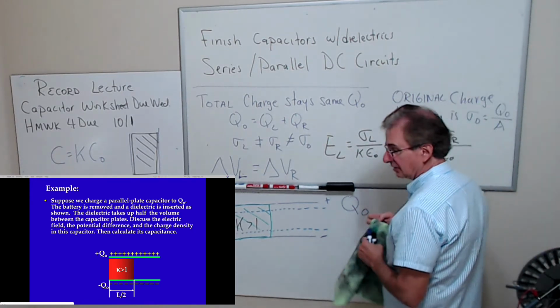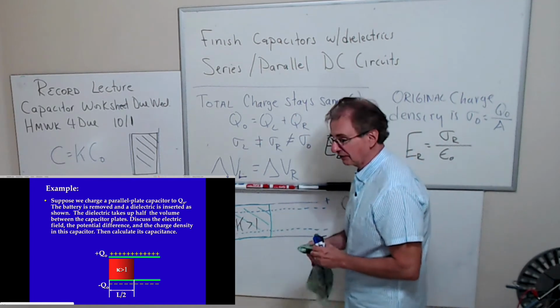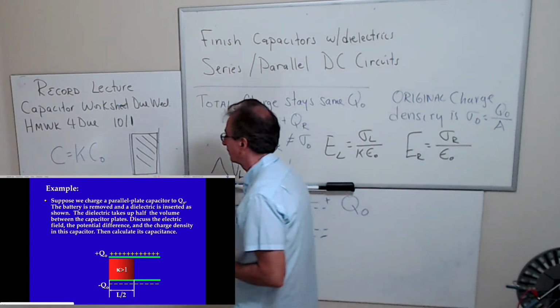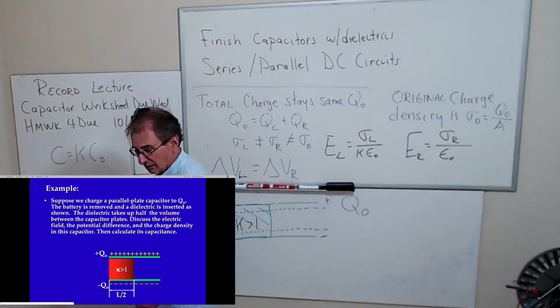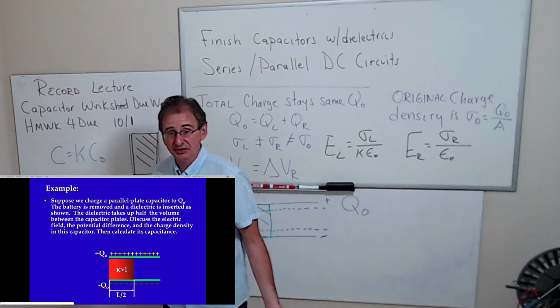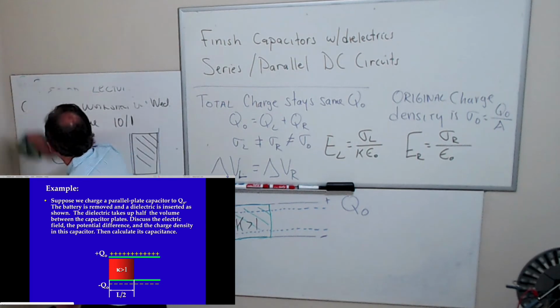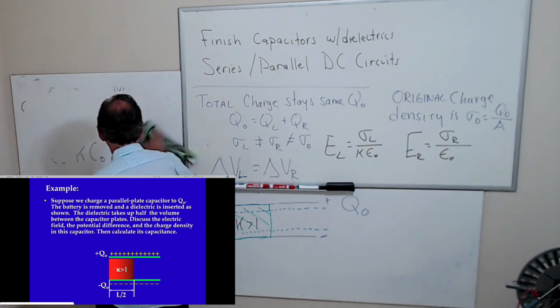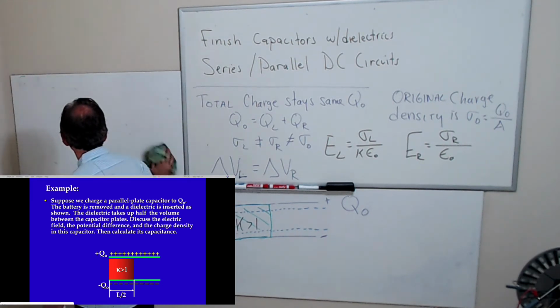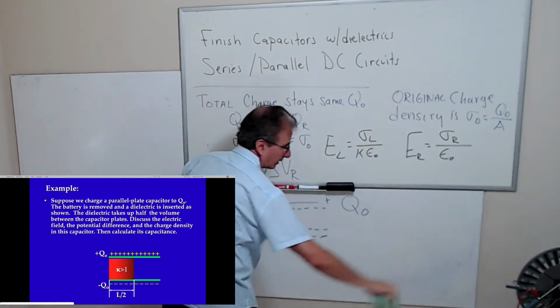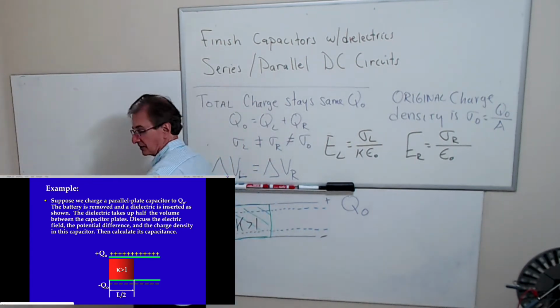I have 2 capacitors, basically, and the potential difference across them is the same. Aren't they in parallel? Aren't the capacitors connected in parallel? So this is behaving as if I have 2 capacitors in parallel.